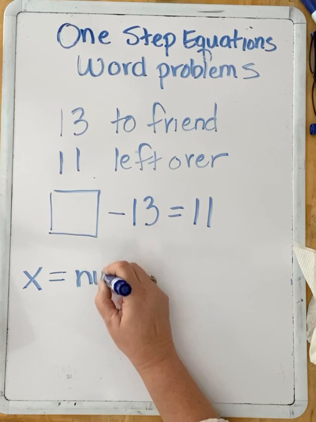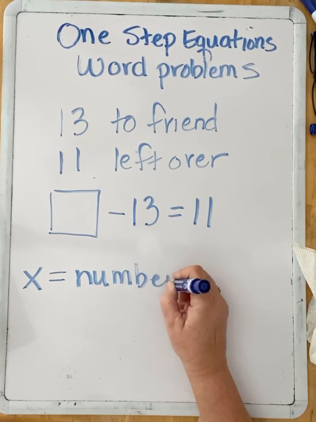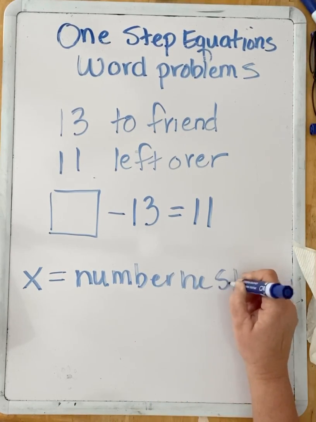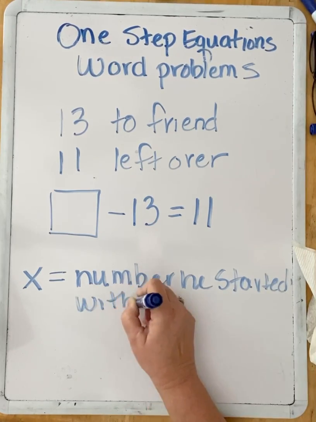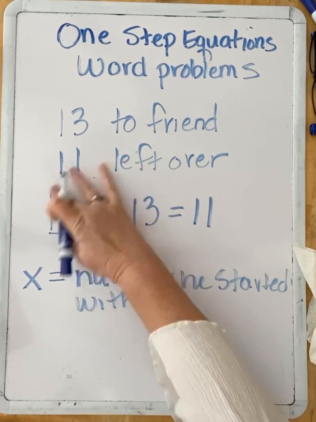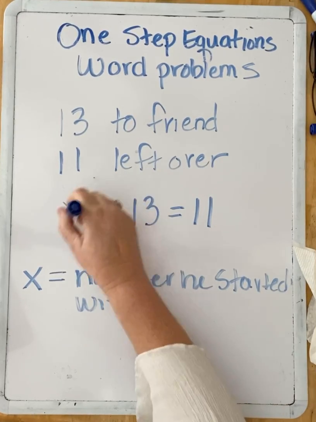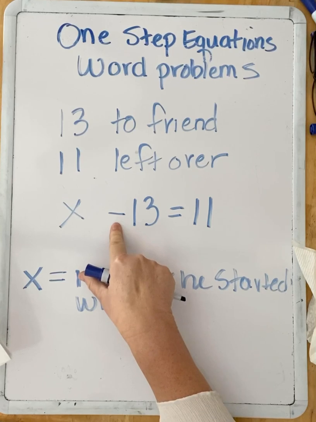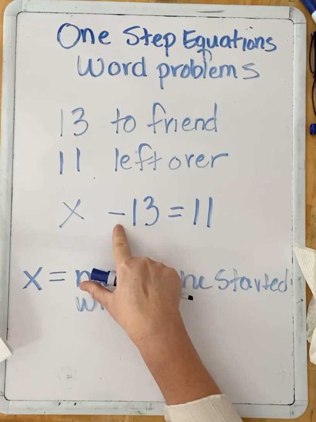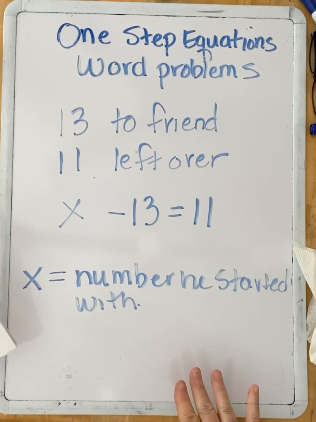Okay, so X is the number he started with. So I'm going to change this unknown box to an X. Okay, and then this is a subtraction problem, or this is a negative number. Either way you want to look at it is fine.